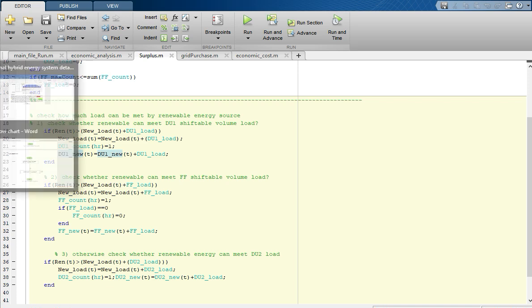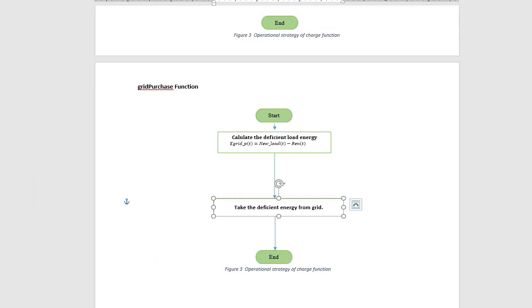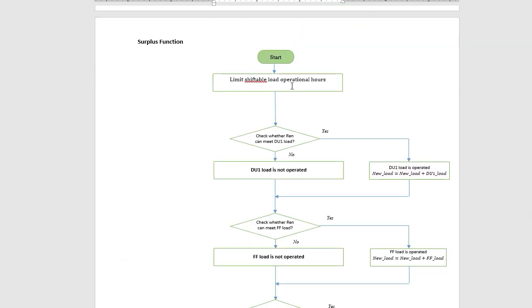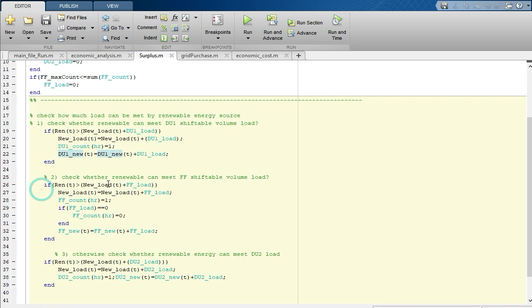This is just like we mentioned in the surplus trajectory. Check the renewable, if it can meet this DU1 load, then operate it, otherwise go on to the next one, then check for FF load, and then for DU2 load. The same things are checked.